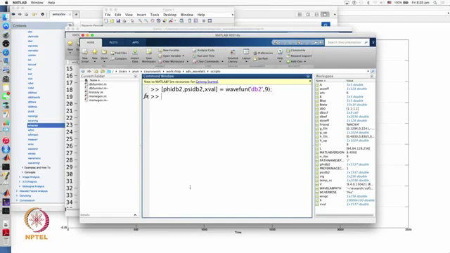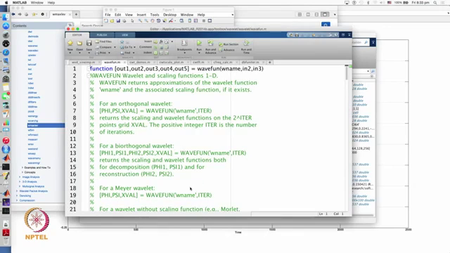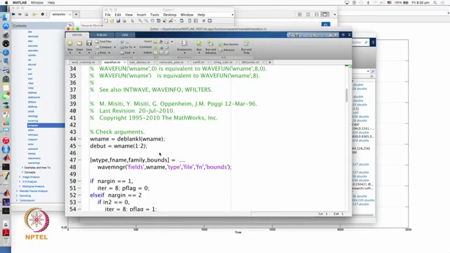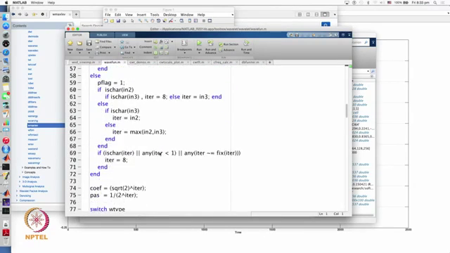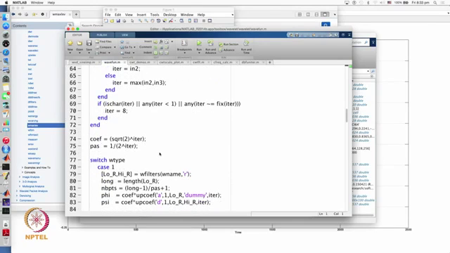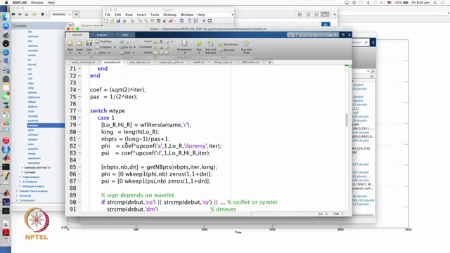In fact, if you open up Wavefun, you will see that it is exactly implementing the algorithm that we just discussed. If you throw away all of this, what it does is here it gets the filter coefficients, and the upcoef is the key. To generate the scaling function, it uses approximation coefficients, and what are the approximation coefficients?